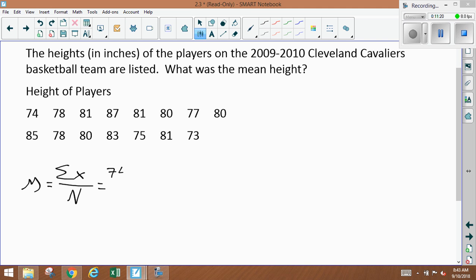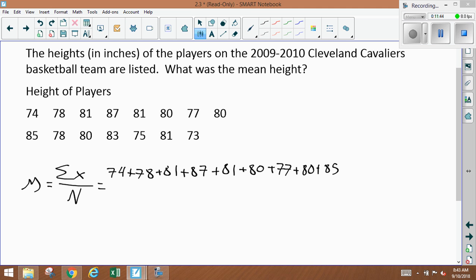So that's 74 plus 78 plus 81 plus 87 plus 81 plus 80 plus 77 plus 80 plus 85.